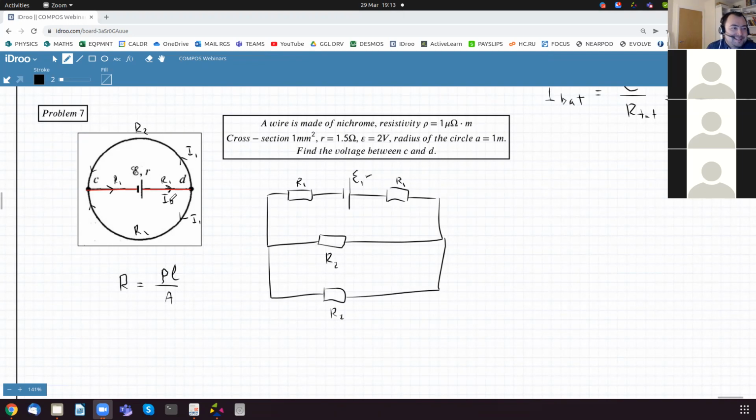Brilliant. Very nice. And because these two resistors are the same, why not just write R2 over 2 and forget about this bit? We only need the current through the battery, so we're not interested in the bottom current, or even this current.